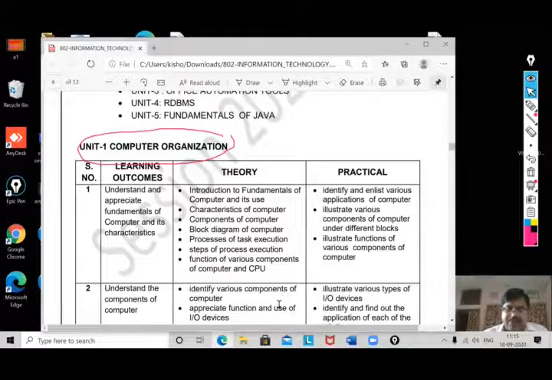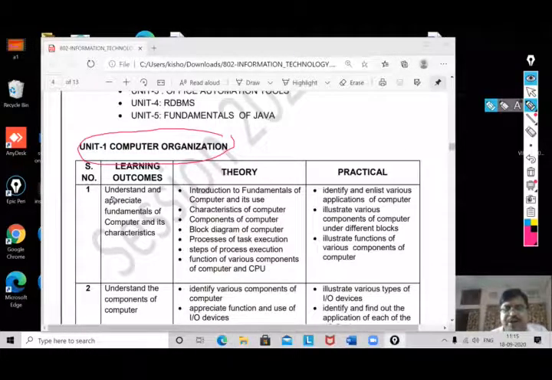Now, my dear, I will just show you all those 5 units. You can see first unit is computer organization. In this you have to read, understand and appreciate fundamentals of computer and its characteristics.